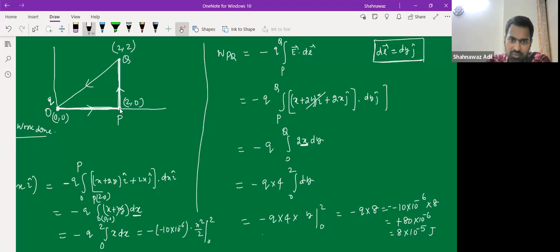And it is not varying, so we can take it outside. So 2 into 2, 4 outside. And we can take the integral of dy. So integral of dy would be y, and then we put the value of y limit. So this is how we get this. So you guys note it down, and then we will find the final work done from Q to O.